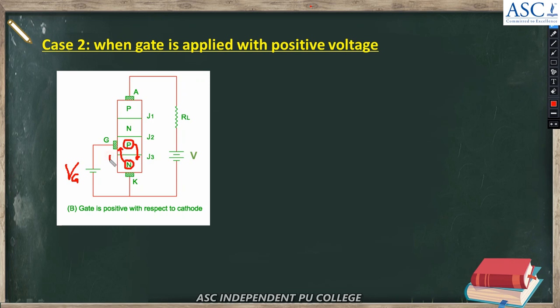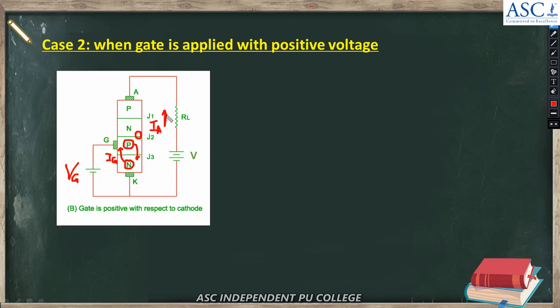As a result, gate current is generated. When gate current increases, more electron-hole pairs appear at junction J2. As a result, the anode current of SCR increases. Anode current increase means SCR is in the on state.